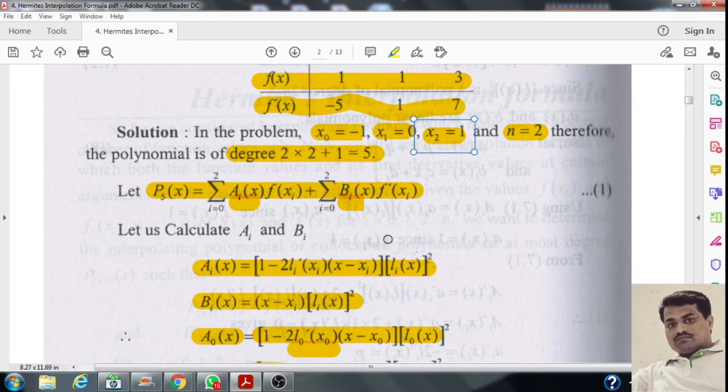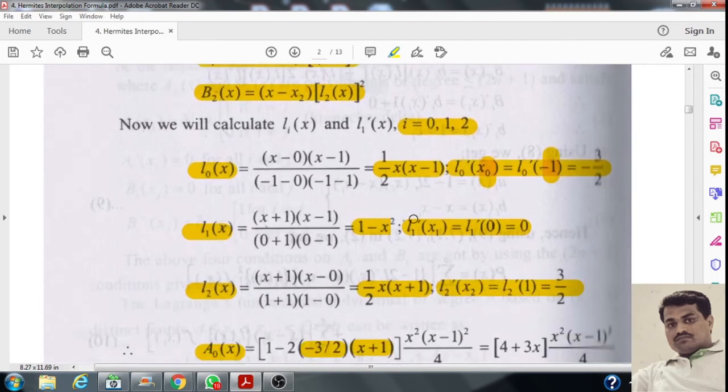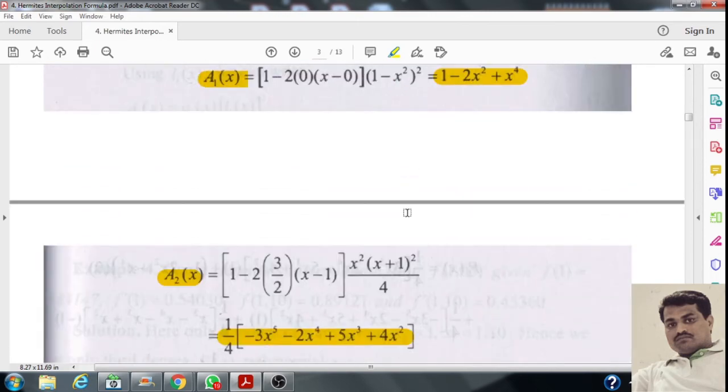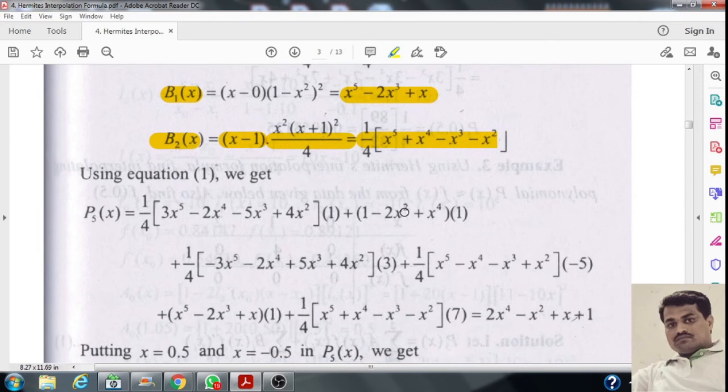And then by putting all the values of a naught, a1, a2, b naught, b1, b2, f dash of x naught, f dash of x1, f dash of x2, as well as f of x naught, f of x1, f of x2 on the right hand side of equation 1, we get this equation.